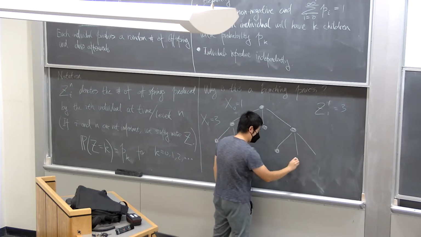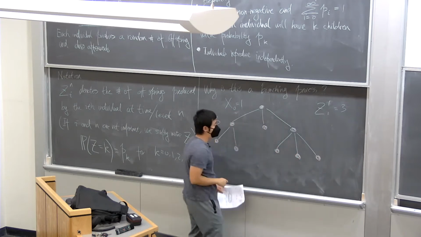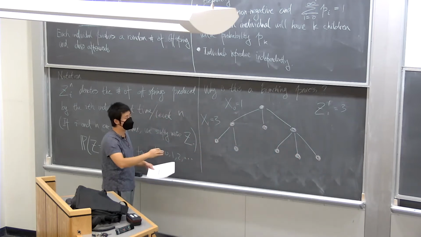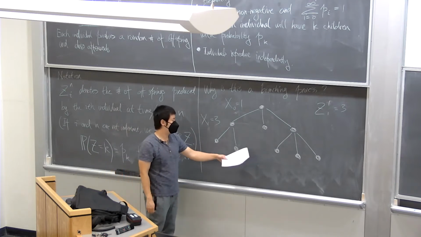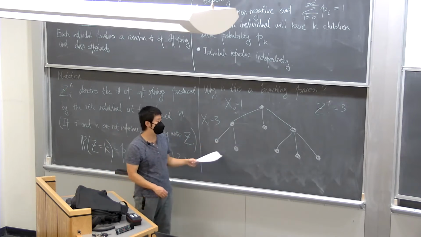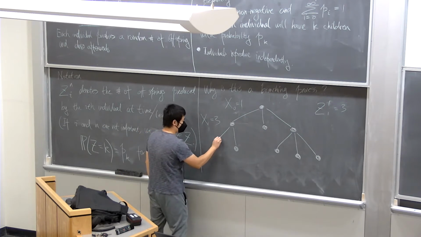Right? And then you can imagine the process would go on and on, and there would also be a time step where everything inside this entire time step doesn't produce anything, so everything just dies off. Right? And okay, so let me draw this one a little longer.